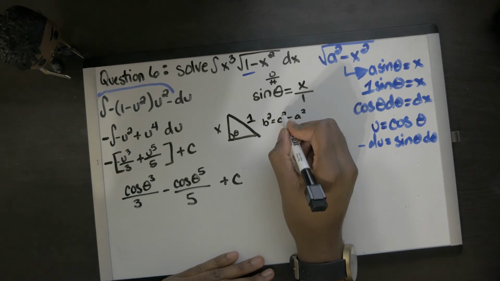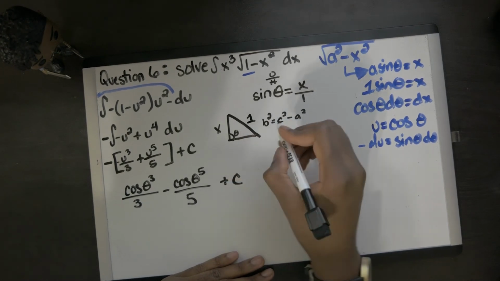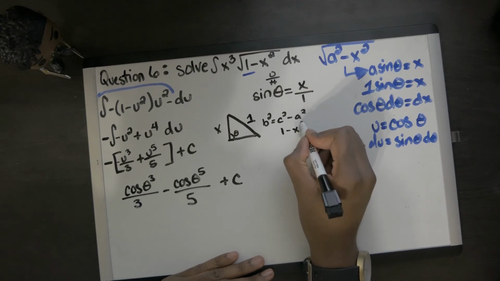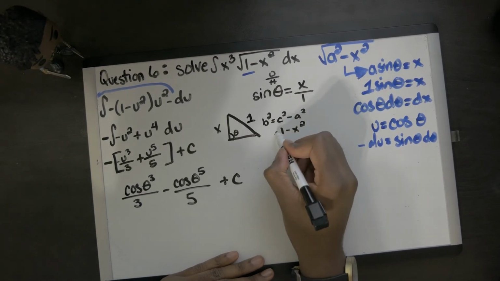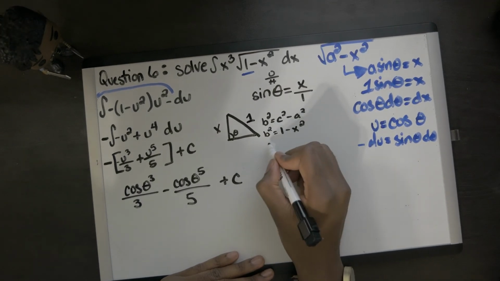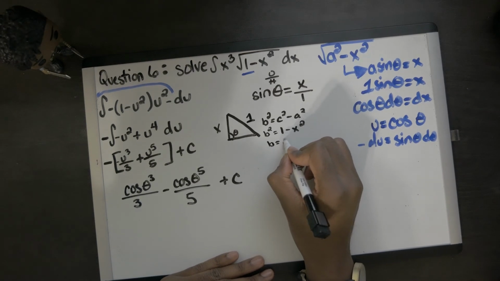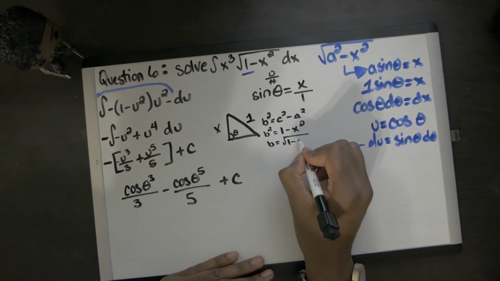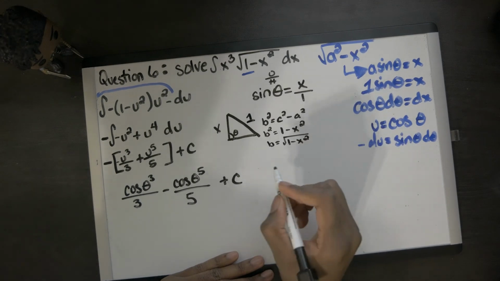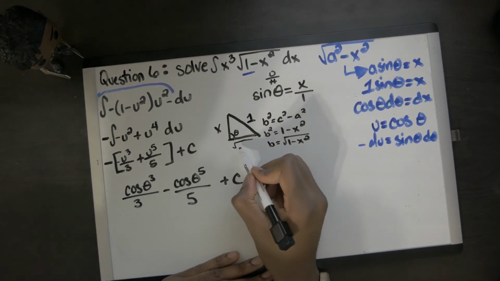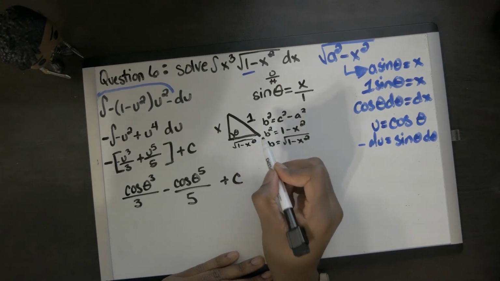We know that c squared would be 1, and a squared would be x squared. And b is just a placeholder value, so b is going to be the square root of 1 minus x squared. So that's what we plug in for the adjacent side, the square root of 1 minus x squared.